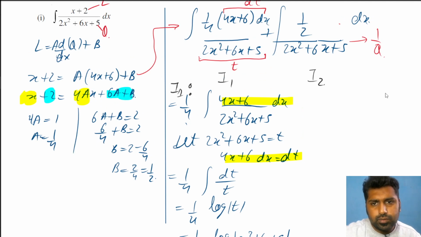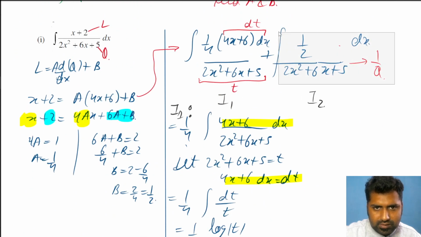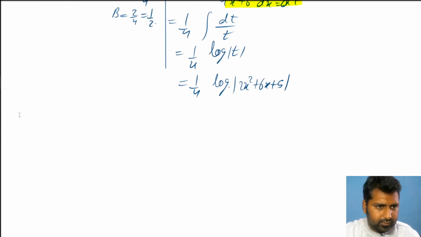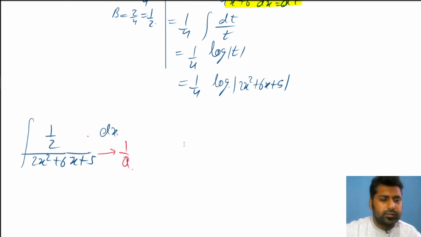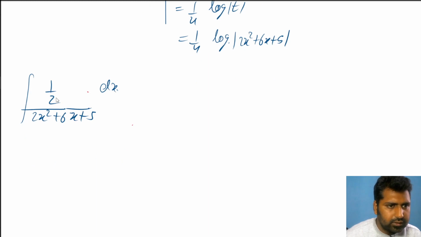Now let's solve I2. I'll copy this I2. Another practice, you try it on your own also. So I'm taking this 1 by 2 outside, and I have to make the perfect square, that I know. So let's rewrite this. This is I2, I have to solve.